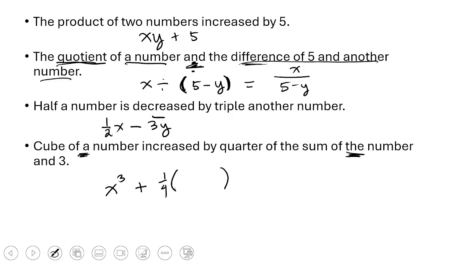What are we adding? What we're adding is the number and 3. When we say the number, I am pertaining to the same number, which is x, and 3. So this is how we write in mathematical expression, cube of a number increased by quarter of the sum of the number and 3.